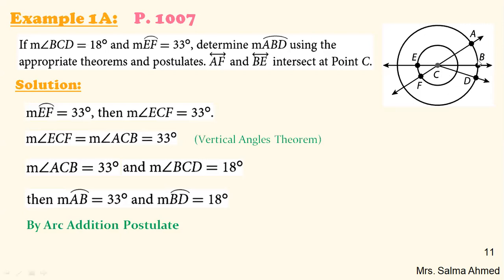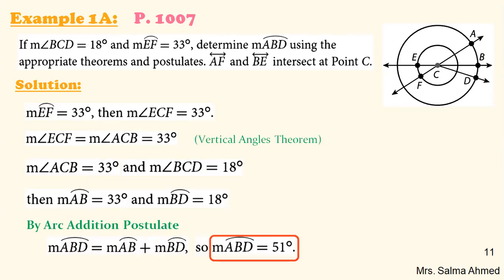So if I add angle ACB and angle BCD by using the arc addition postulate, I can find the answer. It is 33 and 18, so the answer gives me 51. This is the measure of arc ABD.